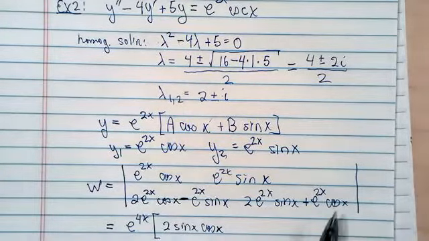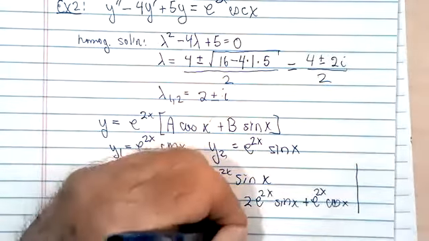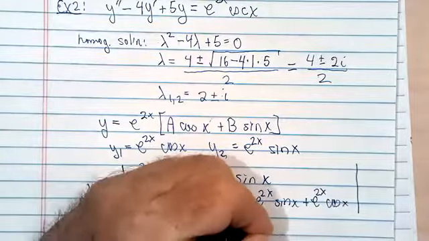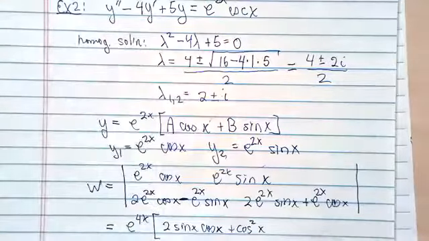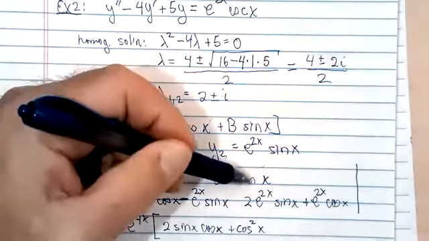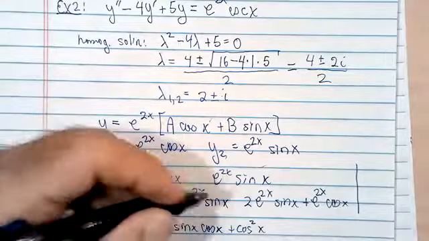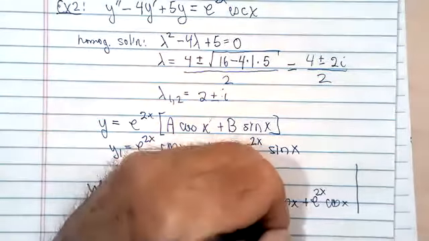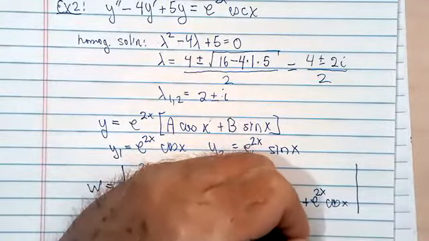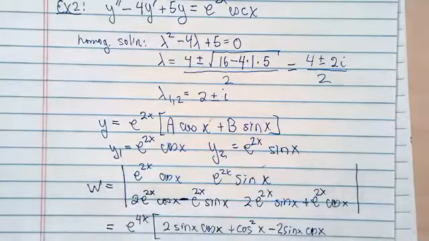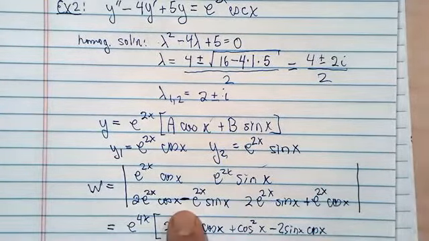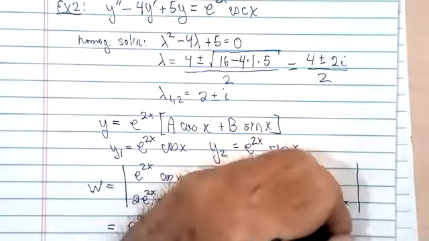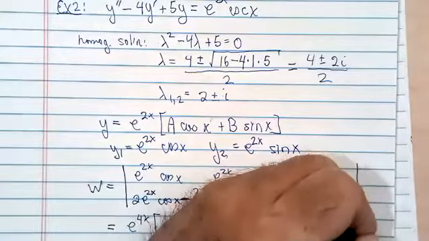And this times this, cosine squared x. Subtracting what you get down the other diagonal, we'll have 2 sine x cosine x, but we're subtracting. Well, that's convenient. Those things are going to drop out. And then we have minus a minus, so plus sine squared x.